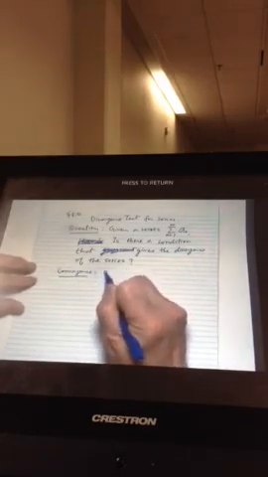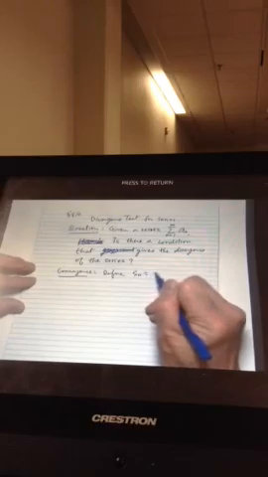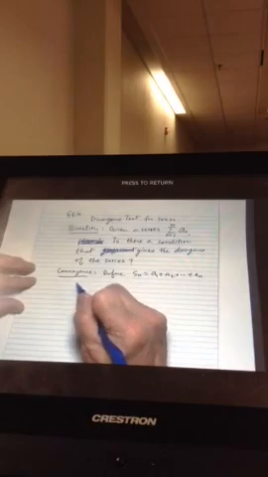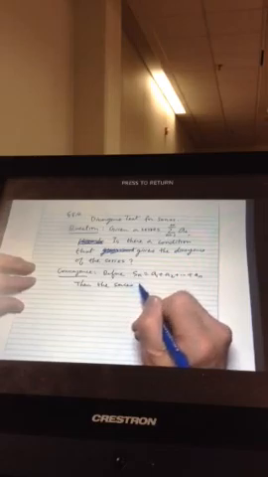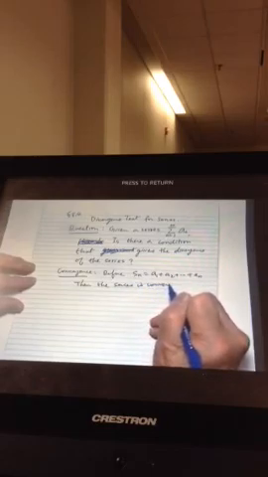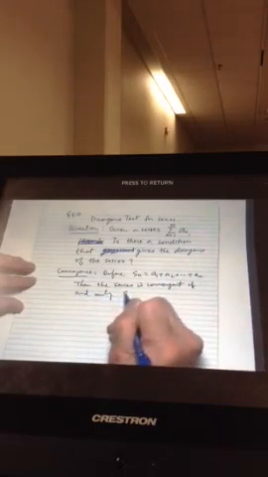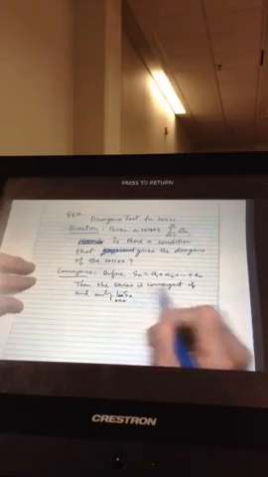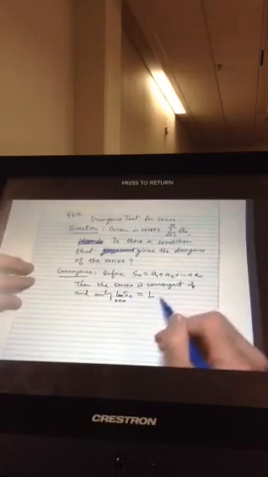Namely, if I define S sub n, the nth partial sum, which is a1 plus a2 all the way to a sub n, then the series is convergent if and only if the limit as n goes to infinity of S sub n approaches a number.